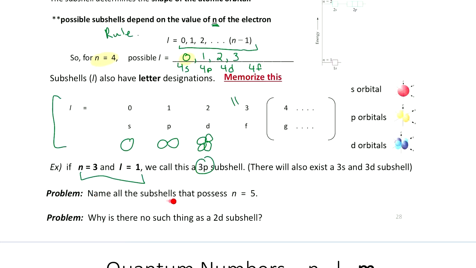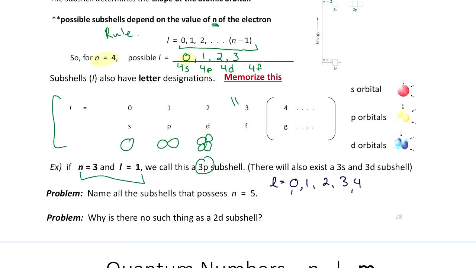So let's name all of the subshells that possess n equals 5. If we go through the rules, if n equals 5, what are the possible l's we can have? 0, 1, 2, 3, 4. But let's actually specifically call out what subshells they are. Yes, those are the possible l's, but each of these l's has a specific subshell name.